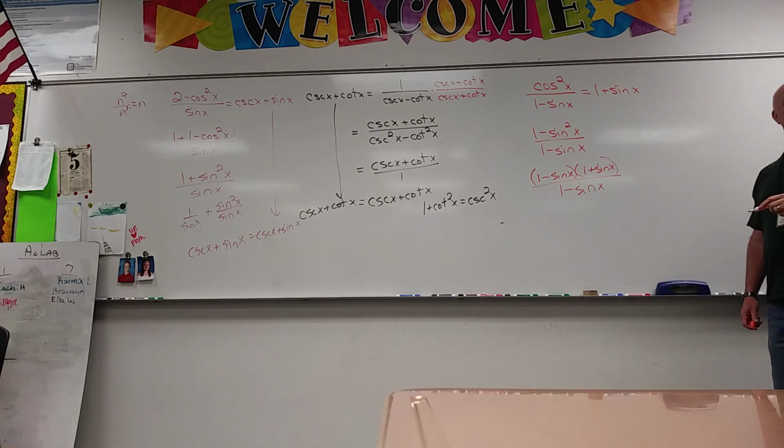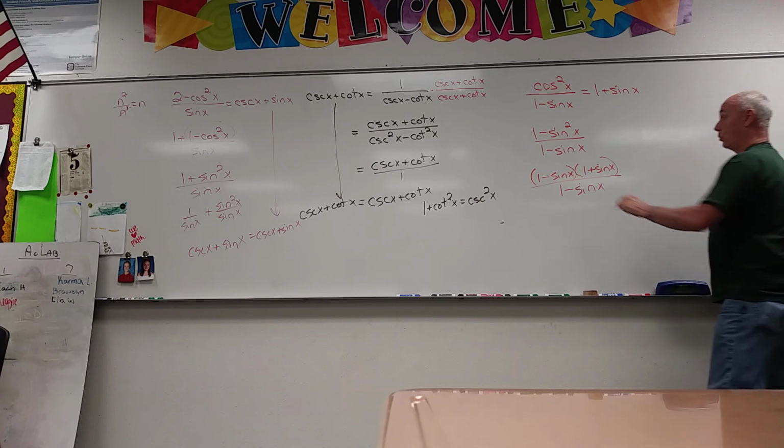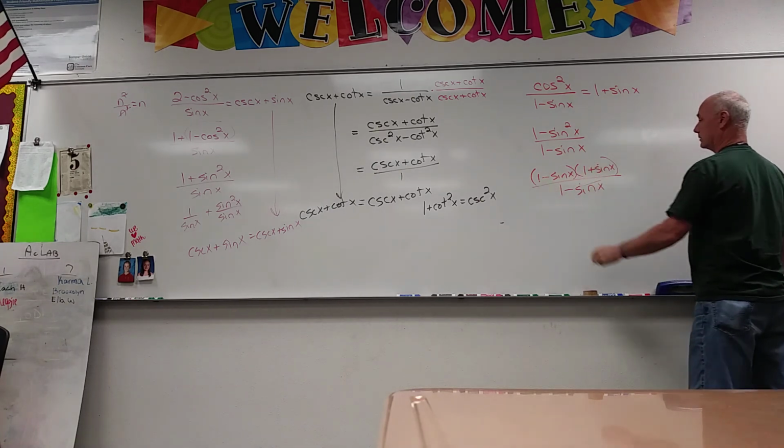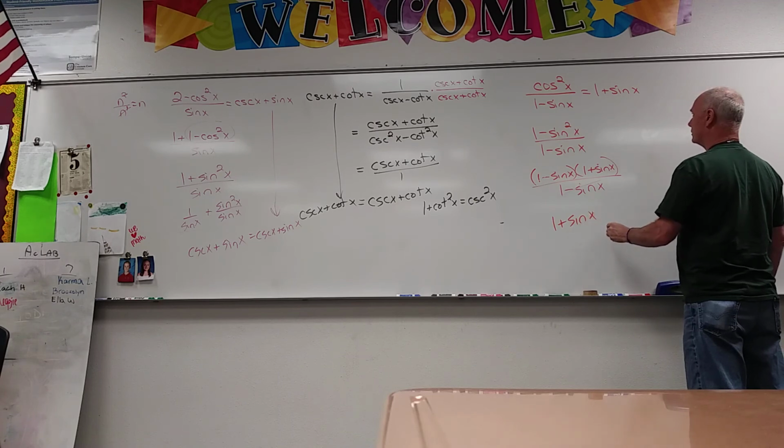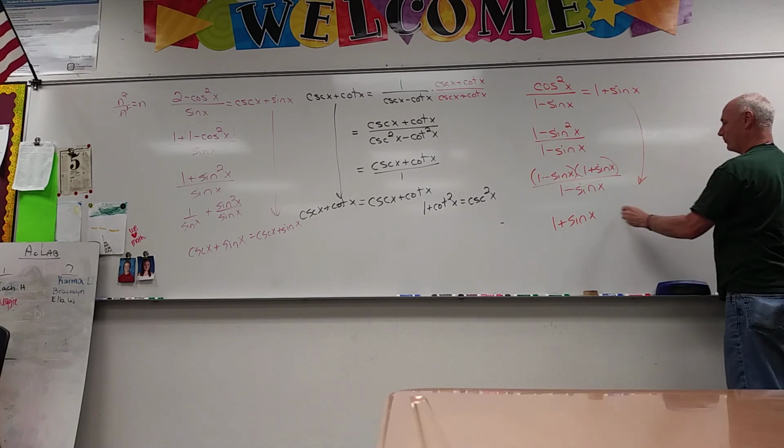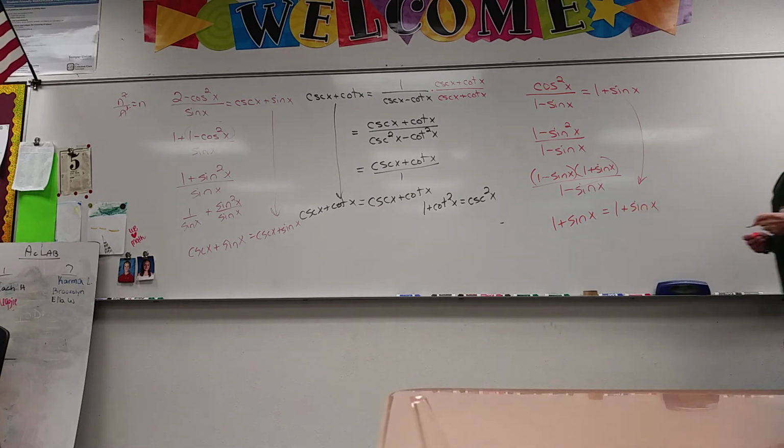Ooh. Which gives us 1 plus sine of x. I always love when we get to a spot and you look up and you go, ooh, that's it. And you're done.